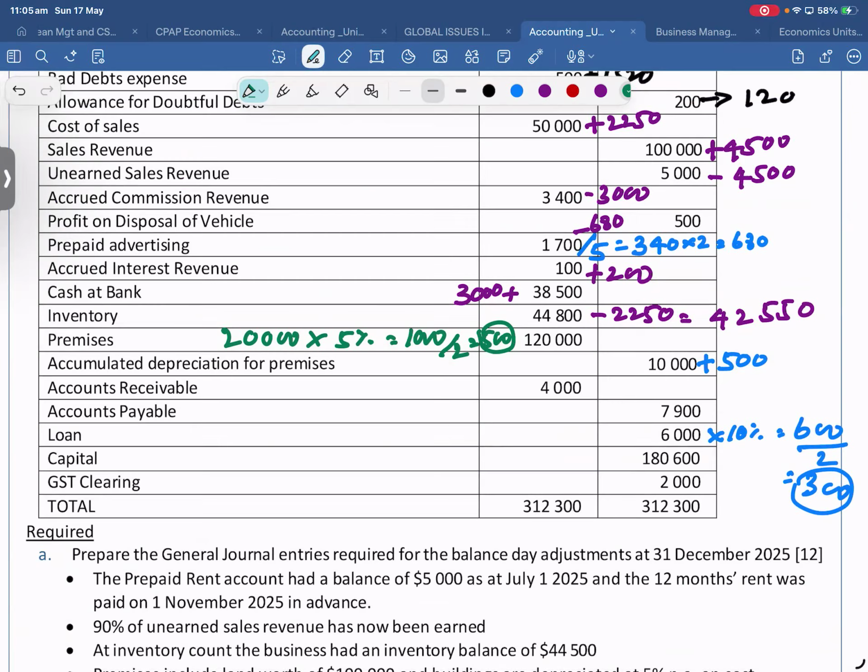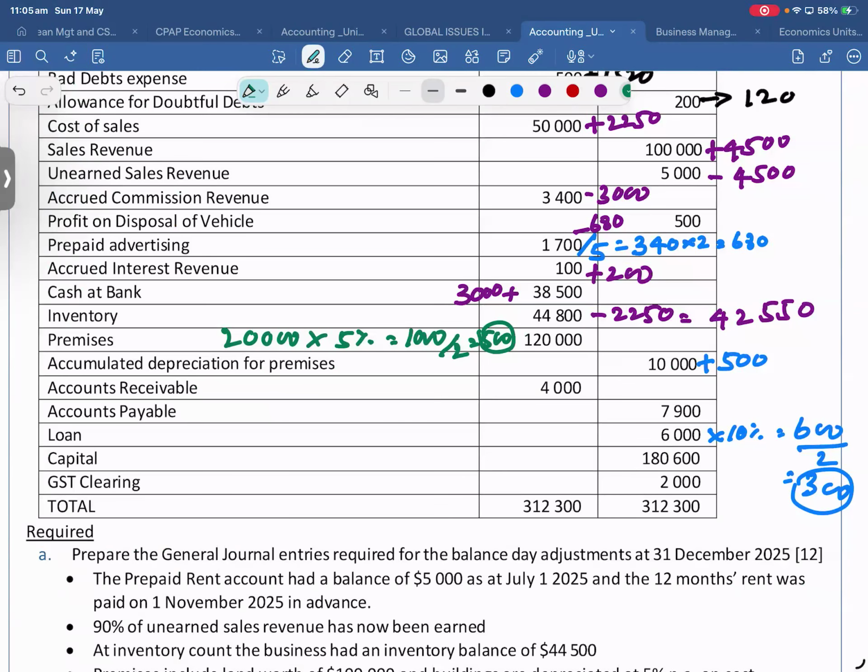How much? How much? Accrued commission revenue. 400. And profit on disposal is credit.